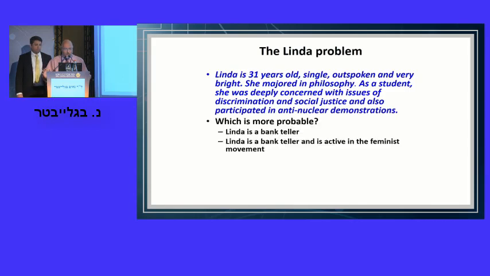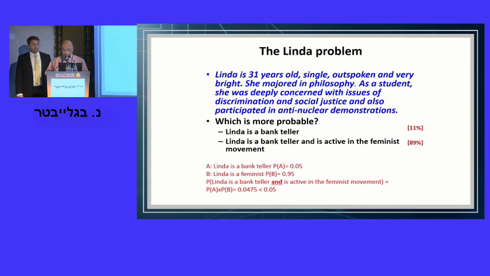So now, which is more probable? This question was put in front of postgraduate Princeton students. Which is more probable? And think for yourself. Linda is a bank teller, or Linda is a bank teller and is active in the feminist movement? Those were the answers. 90% said that Linda is a bank teller and is active in the feminist movement, and this, of course, is not true.